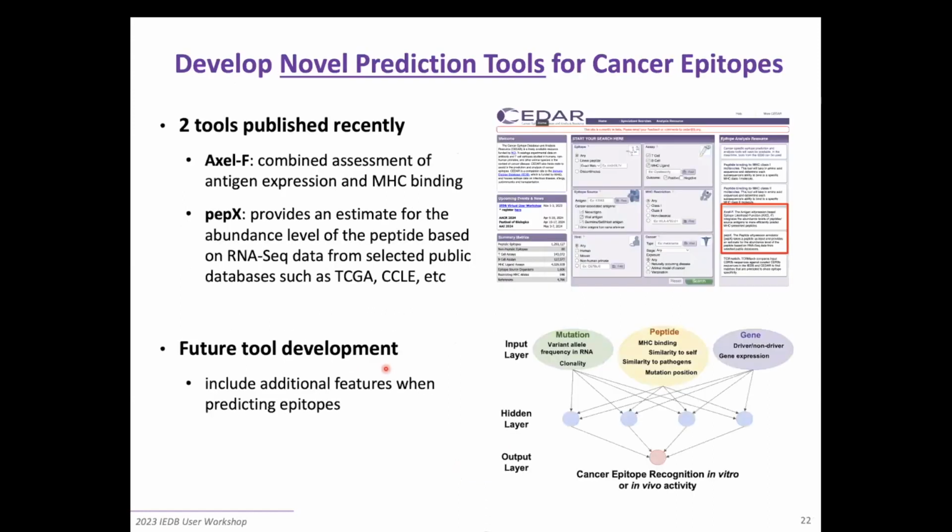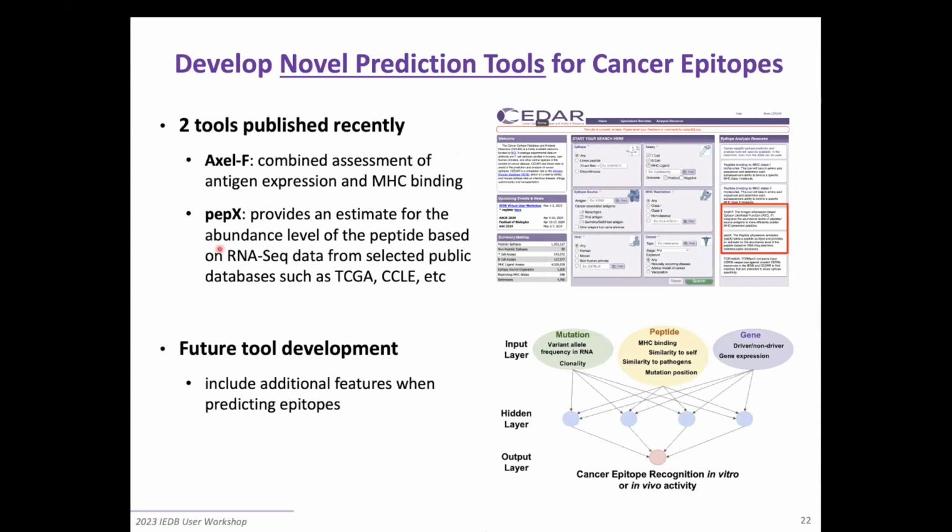So for the first goal of developing novel prediction tools, we have recently published 2 tools, namely XLF, which is an epitope prediction tool that combines antigen expression and MHC binding, and was shown to perform better in predicting epitopes that are presented on MHC and recognized by T cells.